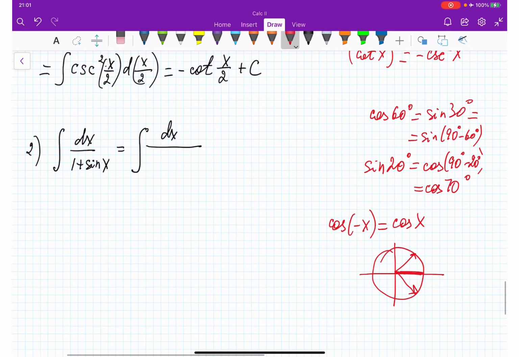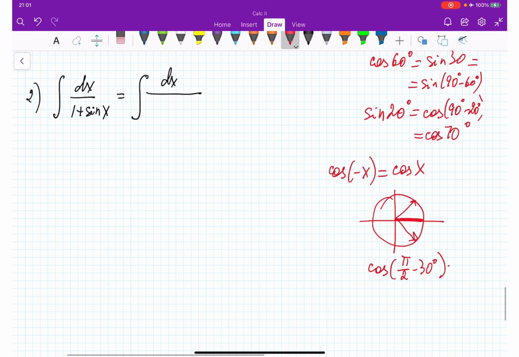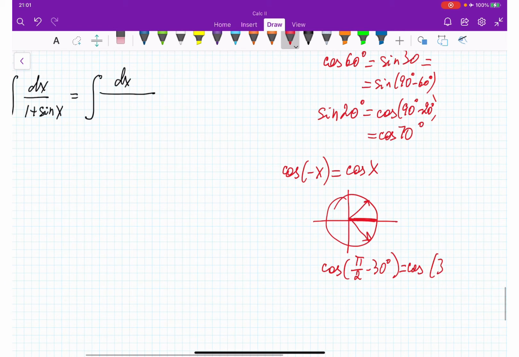Therefore, at this point, if I write down, let's say, cosine of half a pi minus 30 degrees, I can put it equal to cosine of 30 degrees minus half a pi. Yes? Because cosine of positive 60 equals cosine of negative 60 degrees, right? Okay. Why am I saying this?